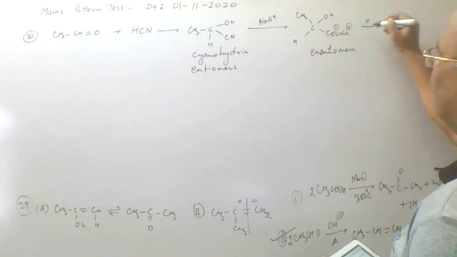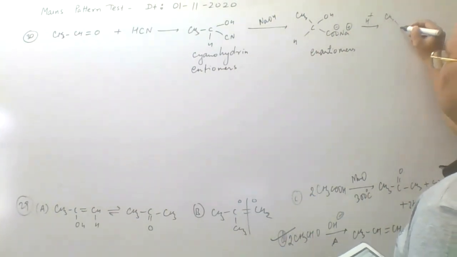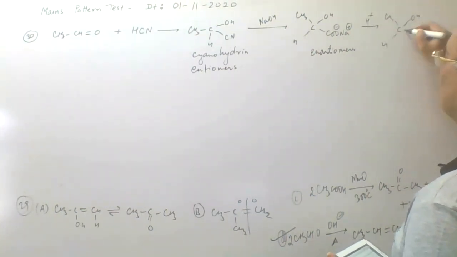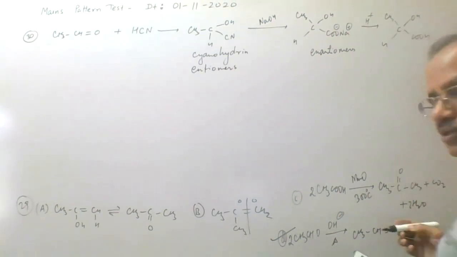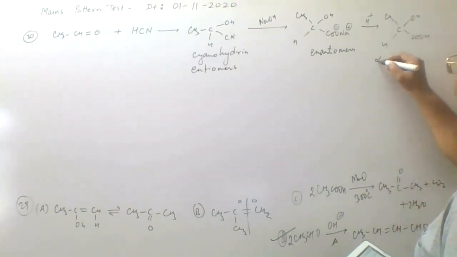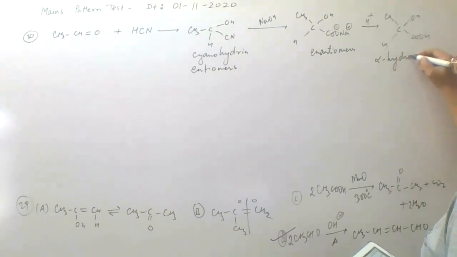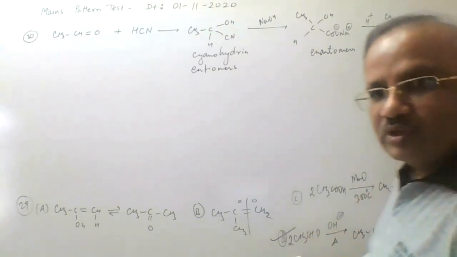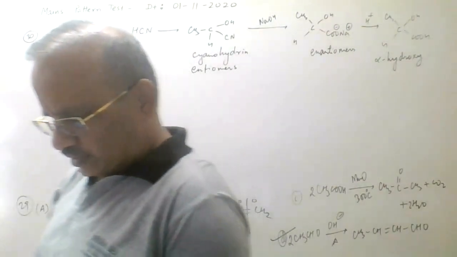On hydrolysis, we again get enantiomers, CH3CH(OH)COOH, that is an alpha hydroxy carboxylic acid. That will be the product of the reaction.